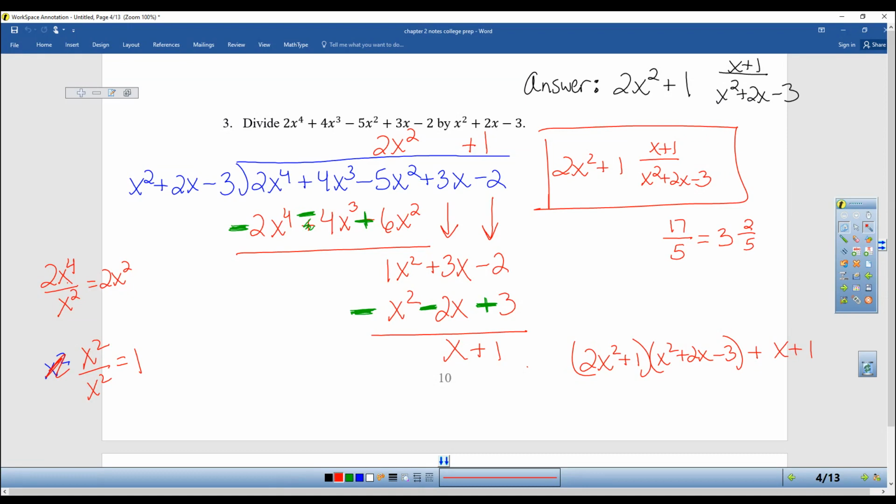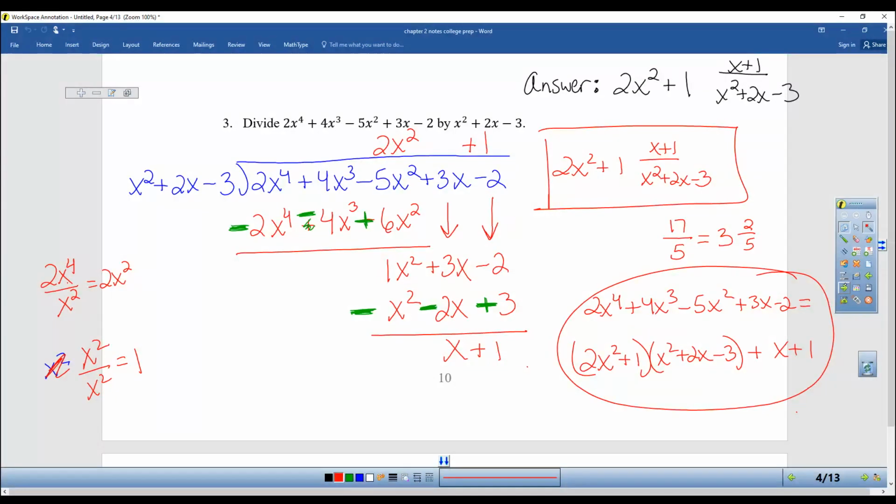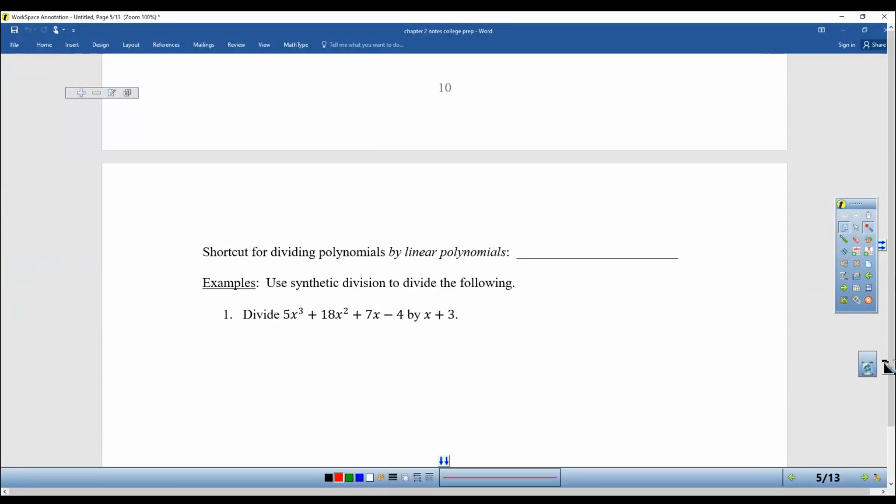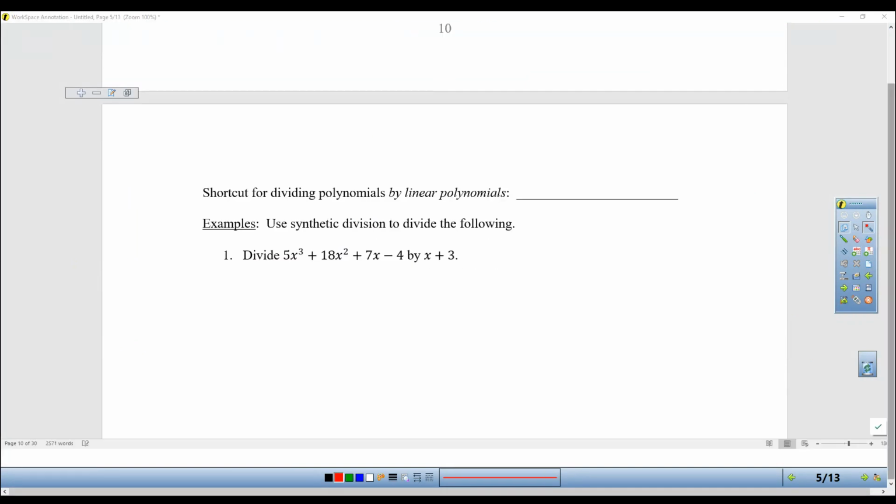That's what the original polynomial 2x to the 4th plus 4x cubed minus 5x squared plus 3x minus 2 is equal to. So it's another version of the answer. All right, that's long division. That's all the examples I have for you on long division. Hopefully you got it after just 3.